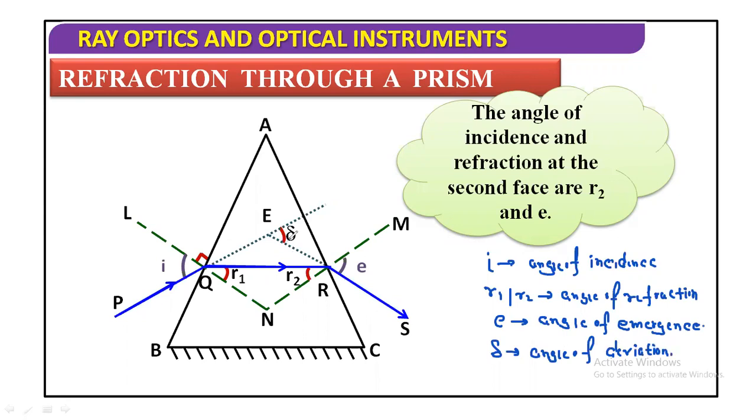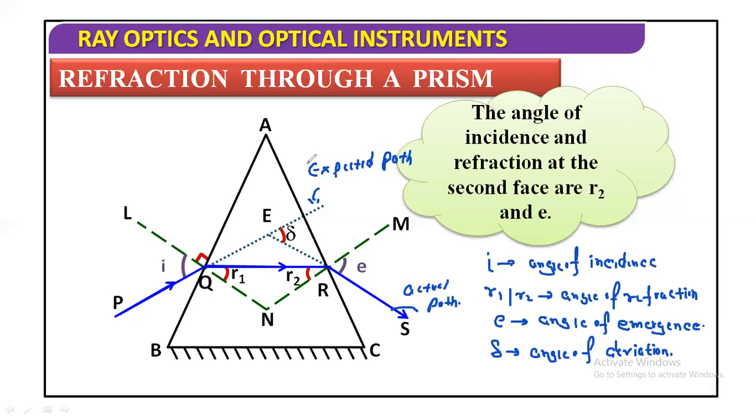This angle of deviation is very important because this is the expected path of the ray of light and this is the actual path. Now we can define the angle of deviation.